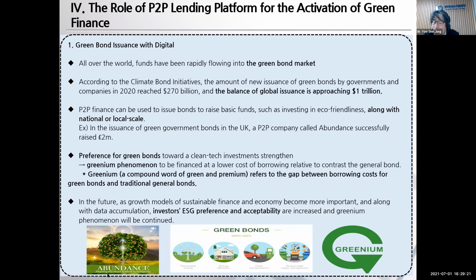For example, P2P finance can be used to issue bonds to raise funds along with national or local scale. In the issuance of green government bonds in the UK, a P2P company called Abundance successfully raised £2 million.